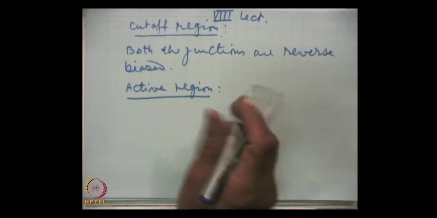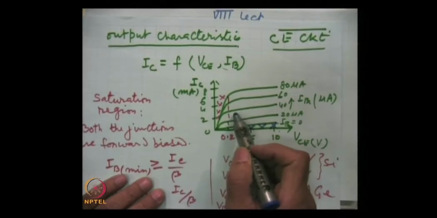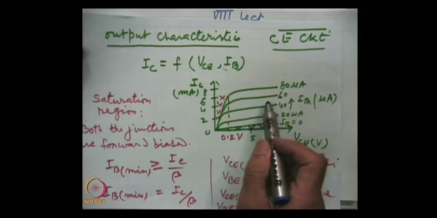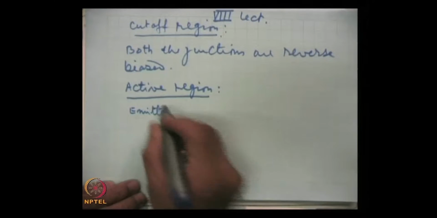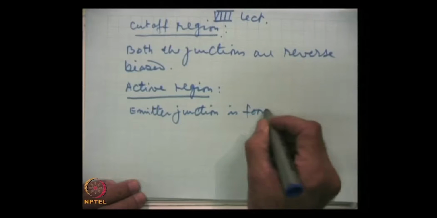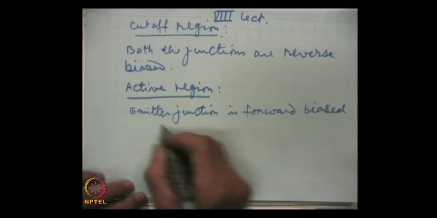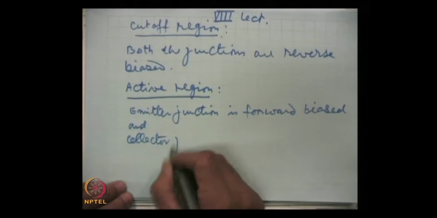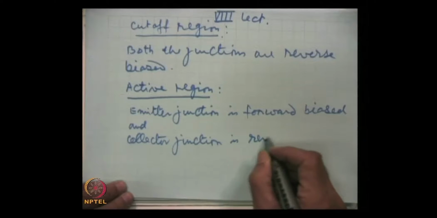Most useful. The active region is where the emitter junction is forward biased and the collector junction is reverse biased.